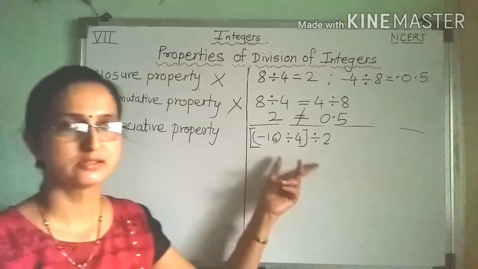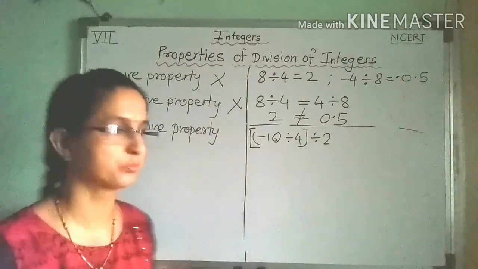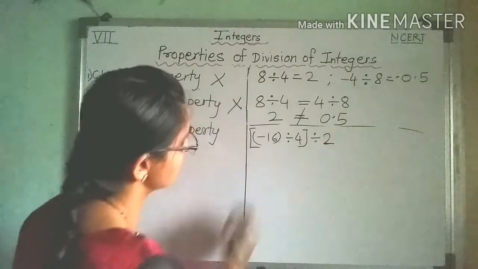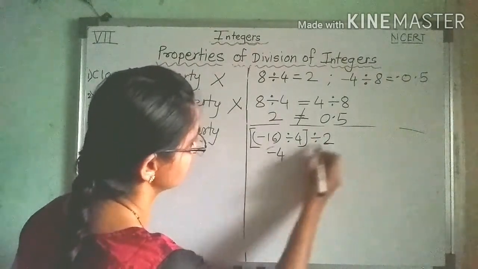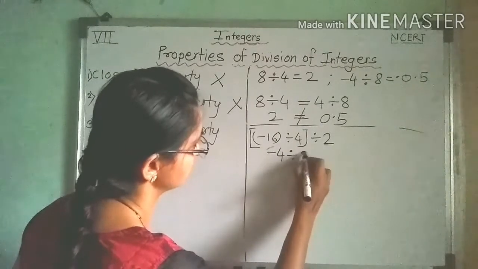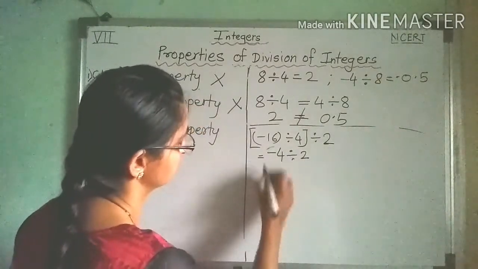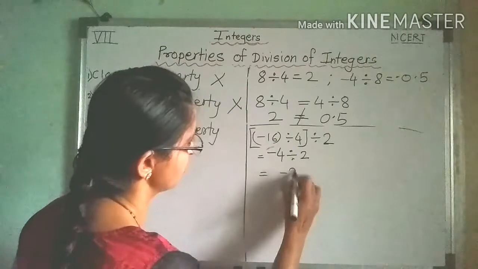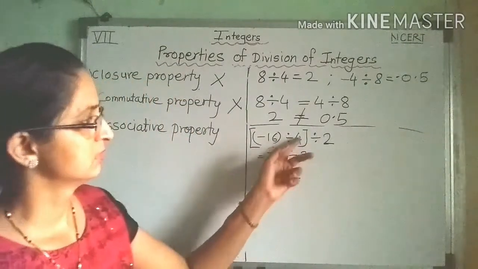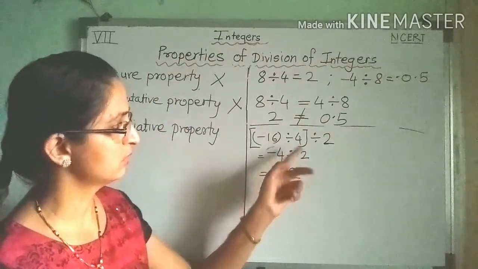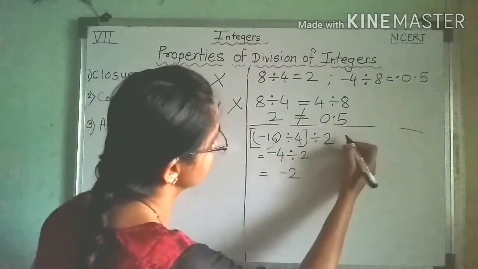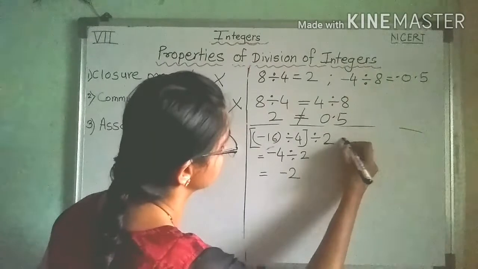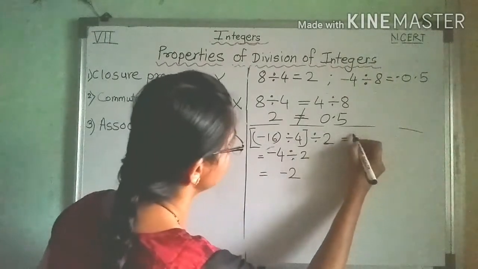Associative property means same numbers but different grouping. So what is the answer? 4 4s are 16. So minus 4 divided by 2. Quotient is minus 2. Now we will write the same numbers but the grouping is different.